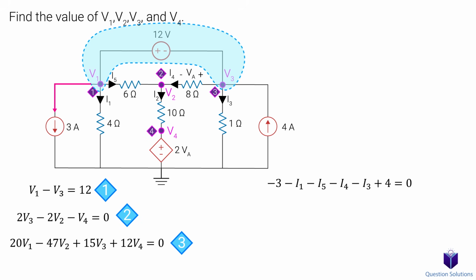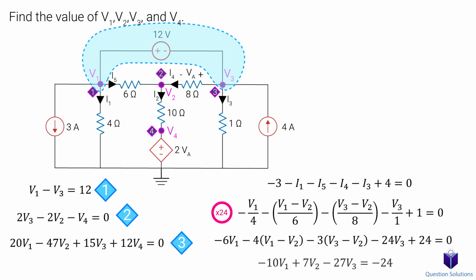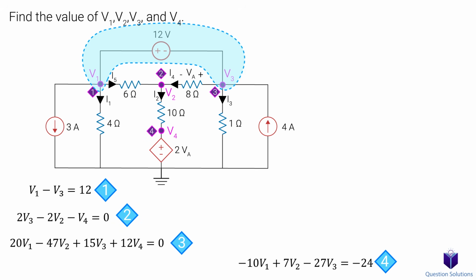We have 3 amps leaving, I1 leaving, I5 leaving, I4 leaving, I3 leaving, and 4 amps entering. Let's write these currents in terms of nodal voltages. Now we can multiply everything by 24 to get rid of the fractions. Let's simplify. This is our fourth equation.